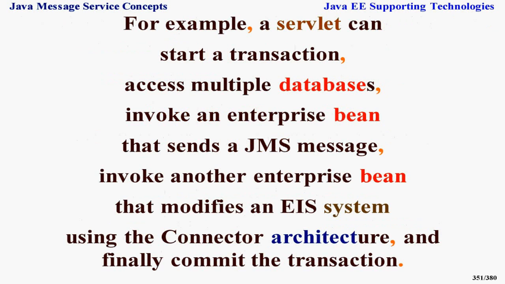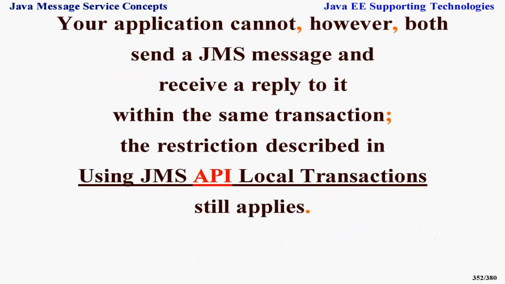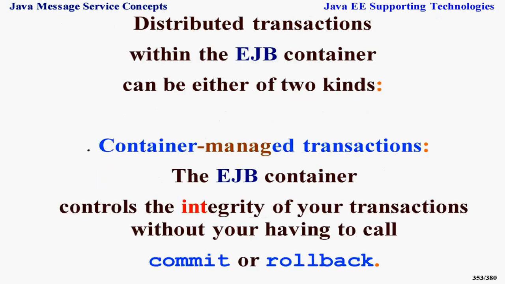For example, a servlet can start a transaction, access multiple databases, invoke an enterprise bean that sends a JMS message, invoke another enterprise bean that modifies an EIS system using the connector architecture, and finally commit the transaction. Your application cannot, however, both send a JMS message and receive a reply to it within the same transaction. The restriction described in Using JMS API Local Transactions still applies.